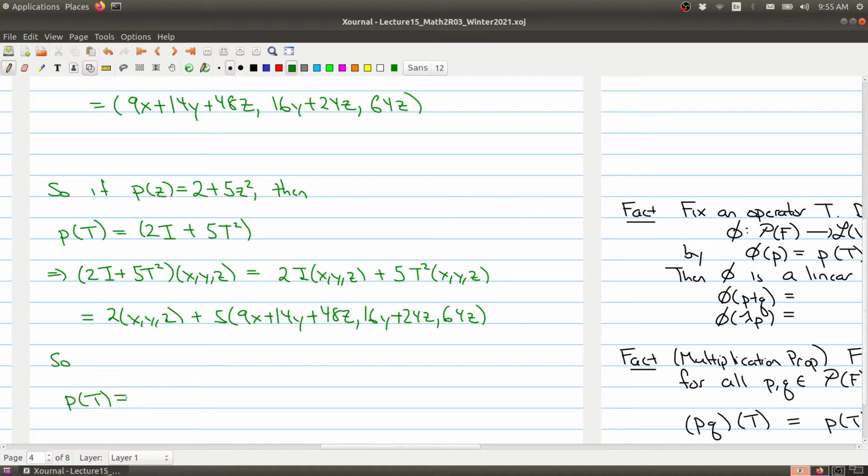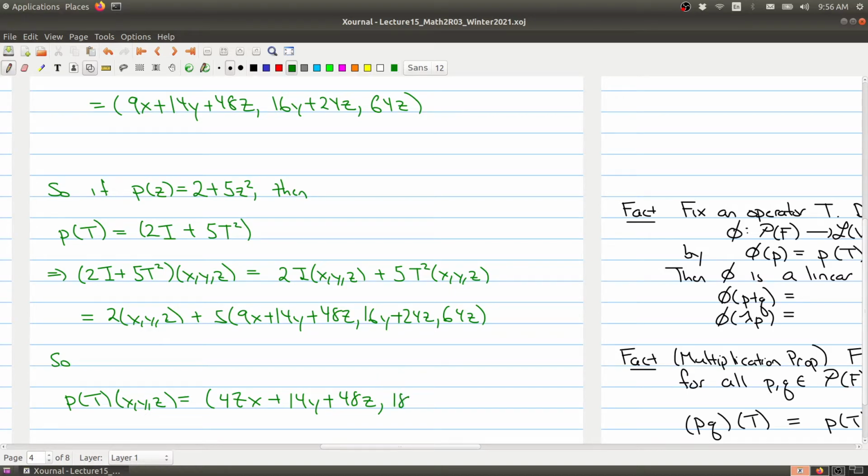So p(T) is the operator that takes the triple x, y, z and sends it to 47x plus 14y plus 48z. That's the first coordinate.